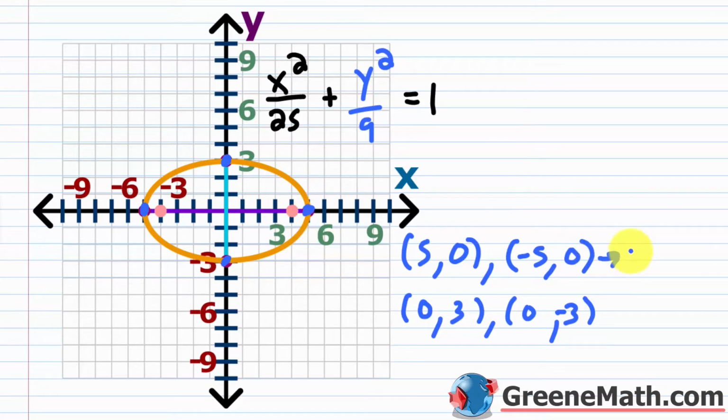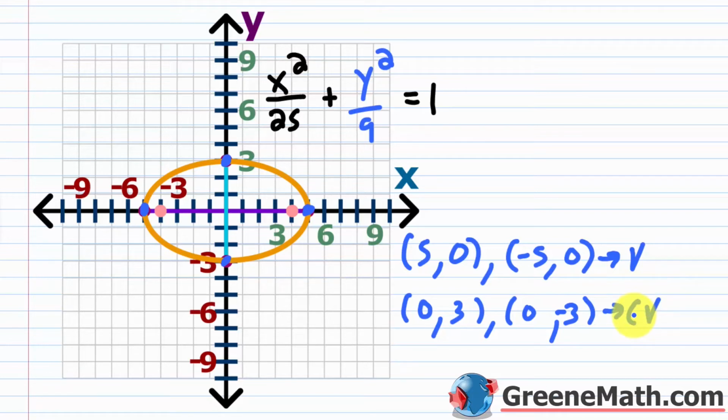So I'm just going to say this is a V here for vertices. And then the shorter axis, from this point right here, which is 0, 3, down to this one, which is 0, -3, that line segment you can call the minor axis. And those endpoints are known as the covertices. So C and then V, covertices.